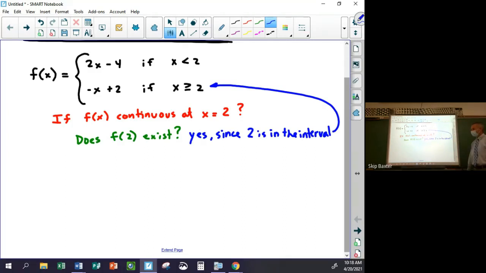It exists. The second thing that has to be true is that the limit has to exist. So does the limit as x goes to 2 of f of x exist? And for this, you just have to think back about how to calculate limits of piecewise functions. How do you do that? Do you remember?